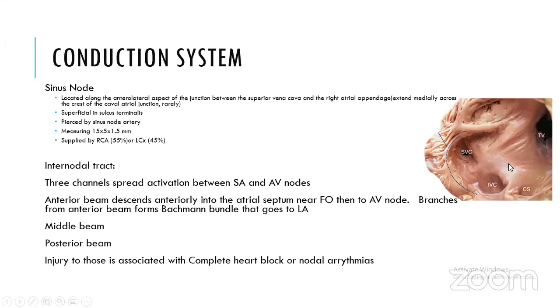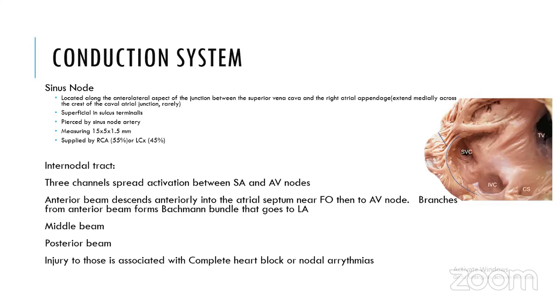The internodal tract is composed of 3 channels that spread activation between those nodes: the anterior beam, middle beam, and posterior beam. The anterior beam descends anteriorly into the atrial septum near the fossa ovalis, then to the AV node. It also has a branch that is called Bachmann bundle that goes to the left atrium.